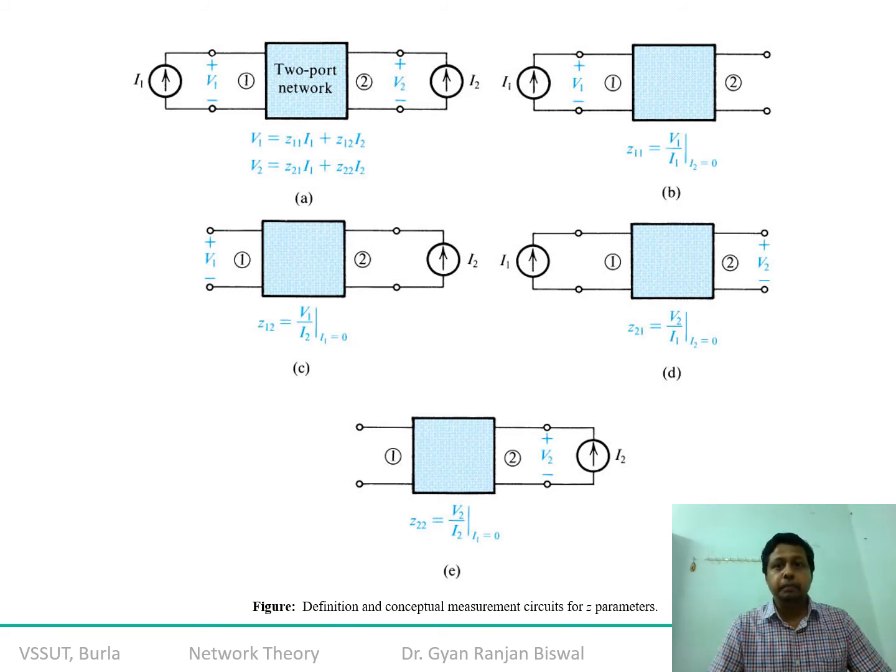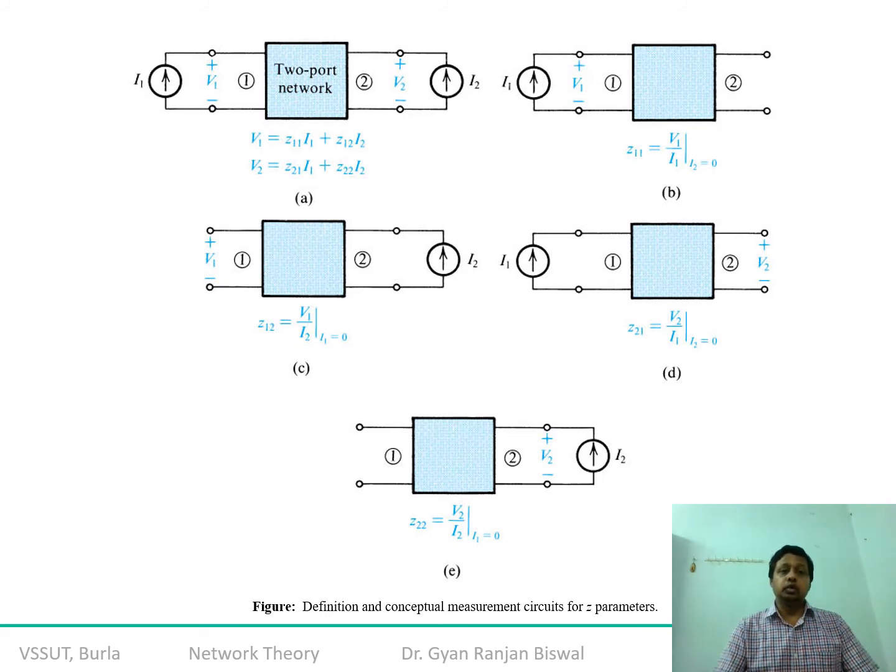If you keep the terminal open, that means you apply the condition that I2 is equal to 0. When you apply I2 equal to 0 in the equation, you get Z11, which is the ratio of V1 by I1 with I2 equal to 0. Whatever impedance you get is because of terminal 1 only, and that's why it is called the input terminal impedance Z11.